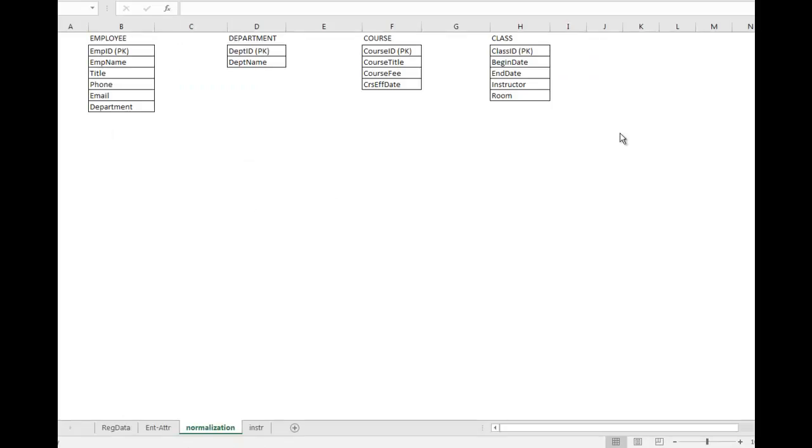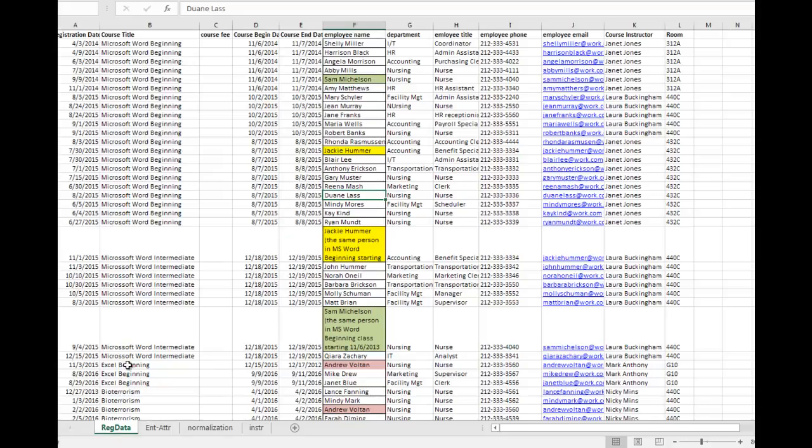This is the preliminary entities and attributes that we have identified for our project. Notice here that we have instructor in the class entity. If we go to the original registration data, we will see that instructors' names are entered as the full name.